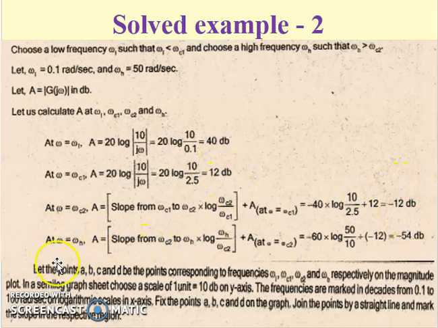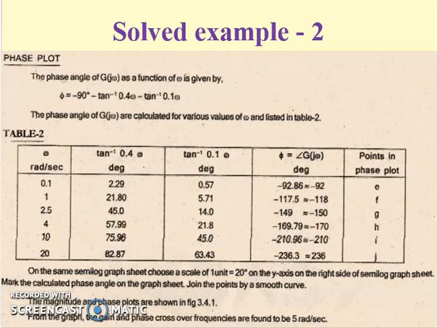And for the magnitude at omega H, you take this value minus 12 plus the slope minus 60 into log of 50 by 10, and you obtain minus 54 dB. So our four points A, B, C, D are plus 40, plus 12, minus 12 and minus 54. These will be marked as points on the graph, and as I repeatedly said, we use a scale to join these points by a straight line.